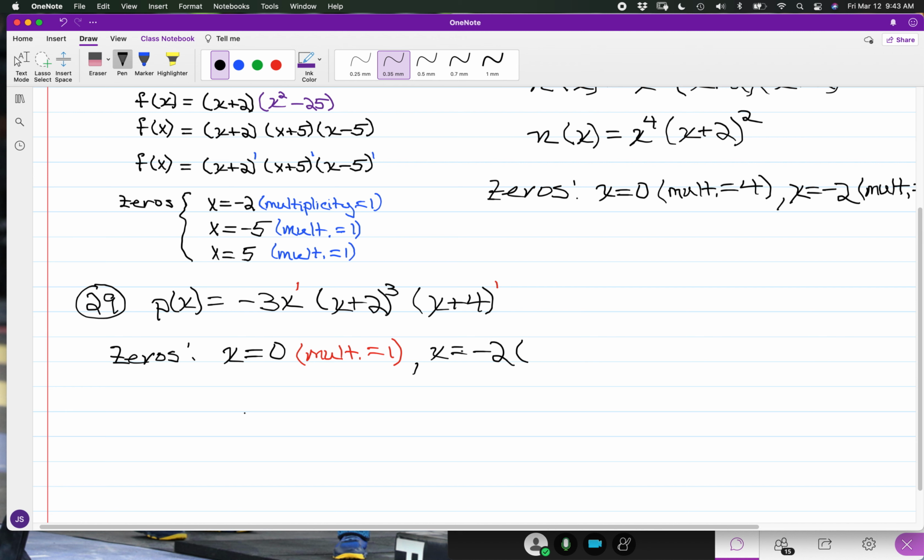For the multiplicity, the corresponding factor is raised to the third power, so the multiplicity is equal to 3. And for the remaining zero, we have x equal to negative 4, with a multiplicity of 1.